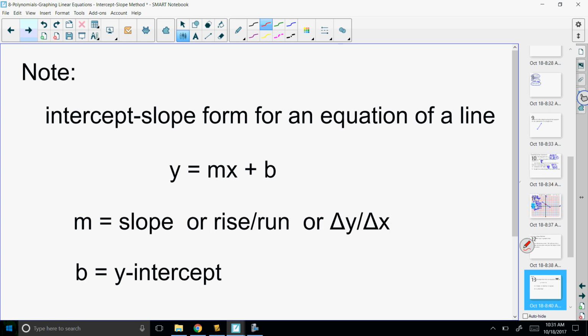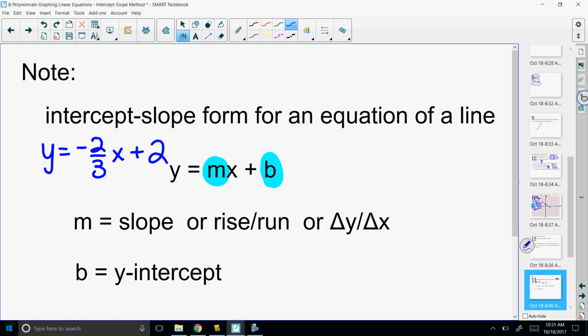In the intercept-slope method, you get the equation y is equal to mx plus b. M is your slope. You will have a number in this position and in this position. We just had that in the last equation. What did our last equation look like? The equation we had was y equals negative 2/3 x plus 2.